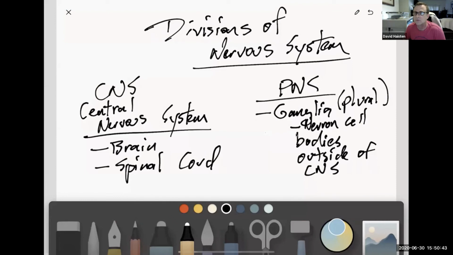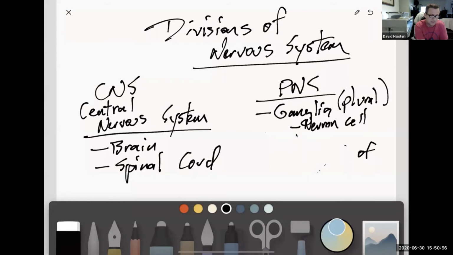Anything nerve is peripheral nervous system. That could be like a boutique shop, anything nerve, and everyone's going there.